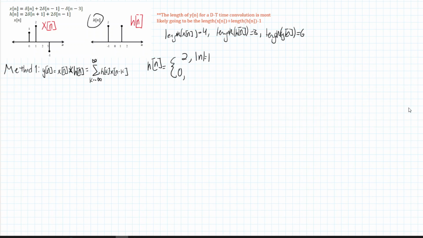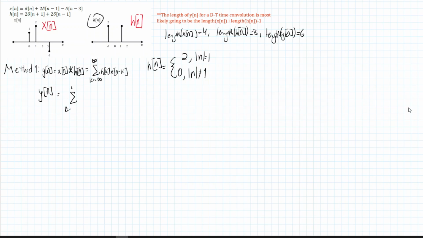And when the magnitude of n does not equal 1, it's 0. So immediately, this sum gets much, much smaller.